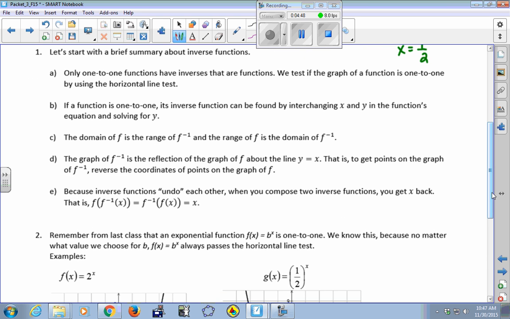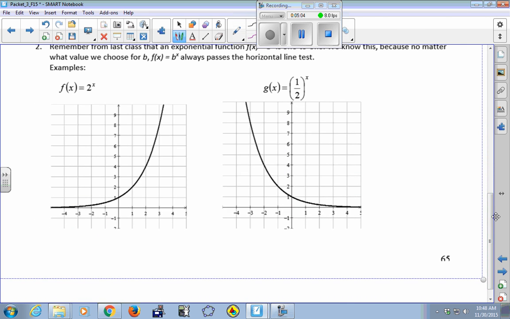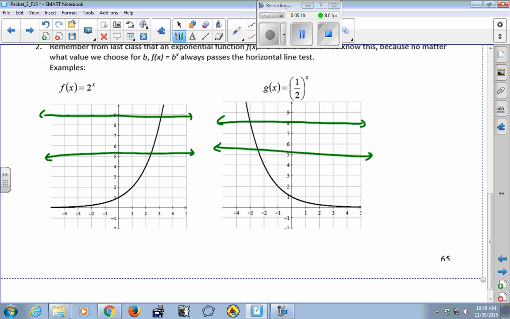All right, so let's start us off here, Eli, with a brief summary about inverse functions, part A. Let's see if these exponential functions that we have graphed right here pass a horizontal line test. Let's apply 1a to it. Well, whether we use the exponential growth function or the decay function, we can see that if we pass any horizontal line anywhere through these graphs, it touches the graph of the function in one and only one spot.